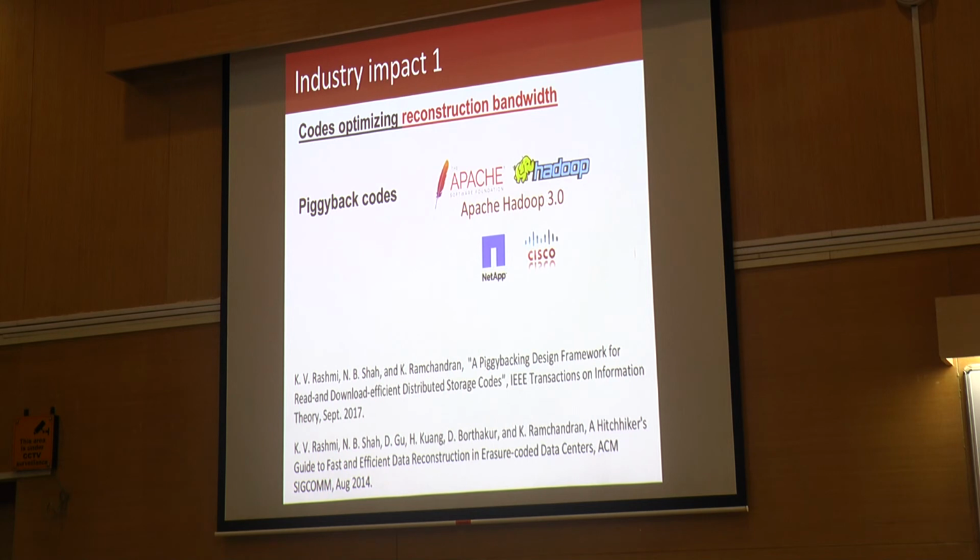So this was incorporated into Apache Hadoop Distributed File System. Their latest version, which is 3.0, where they introduced erasure coding, has piggyback codes as one of the options in them. And Apache Hadoop is one of the most widely used data storage and analytics platforms in the industry.